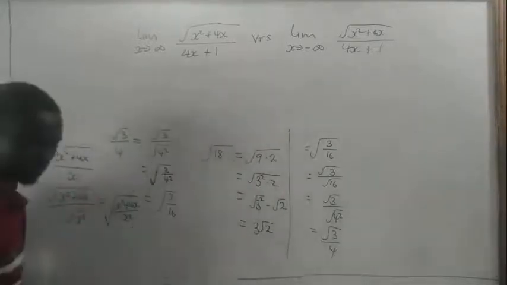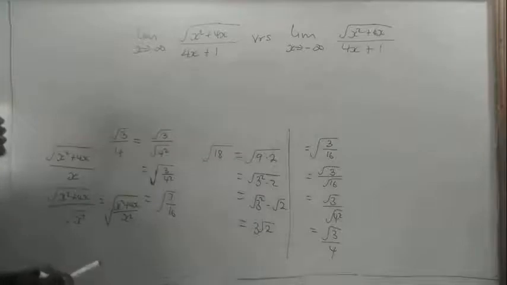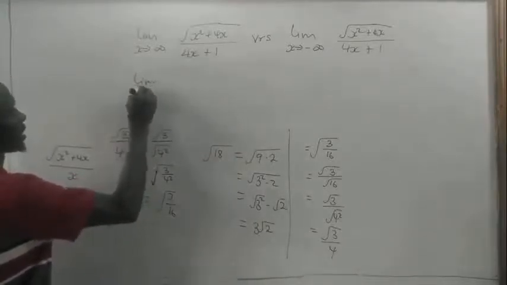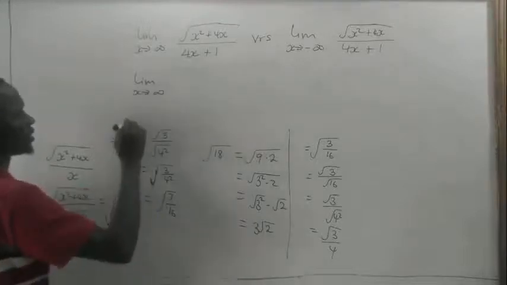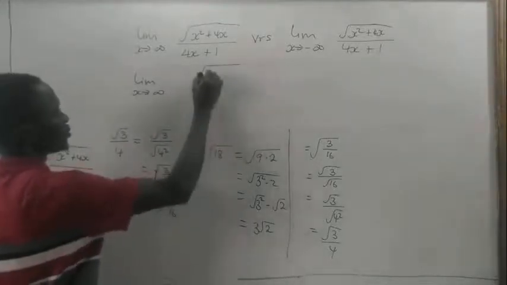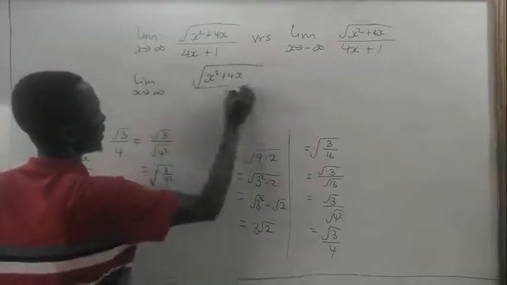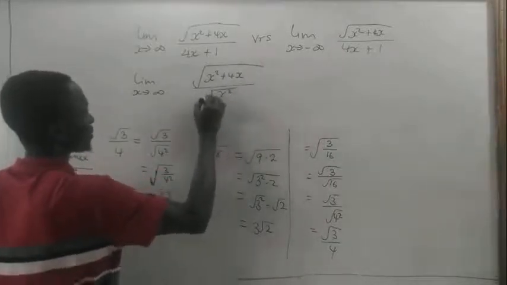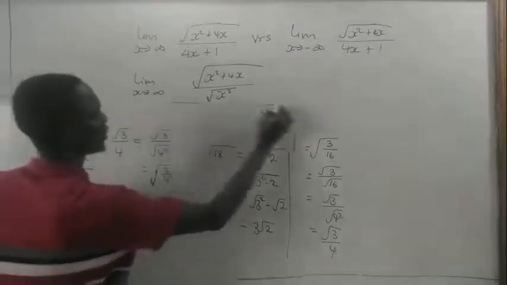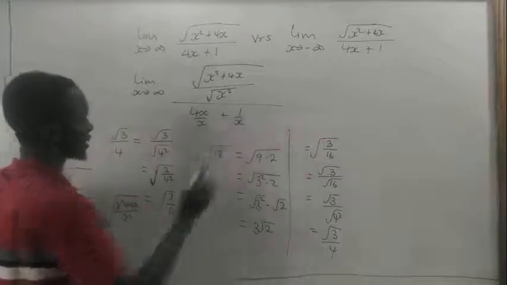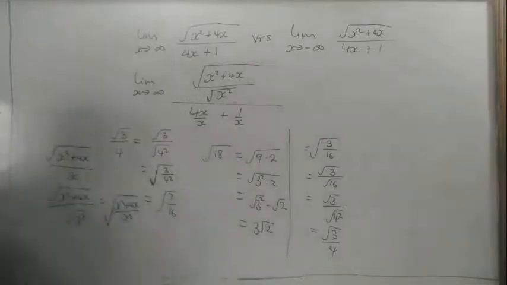So now we are going to have this one as the limit as x approaches infinity of the square root of x squared plus 4x divided by x squared, the square root all divided by 4x divided by x plus 1 divided by x. I hope I've explained this.